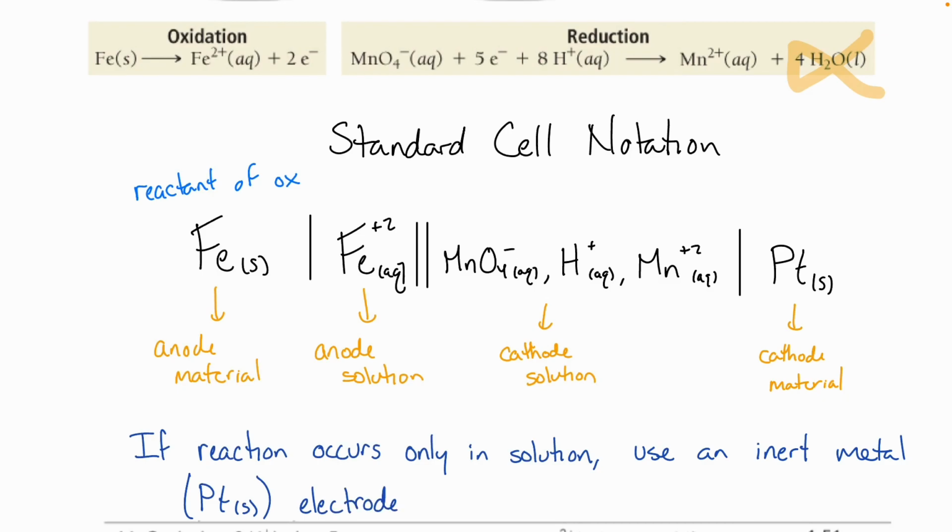What's called an electrode. So an electrode is an anode or cathode.